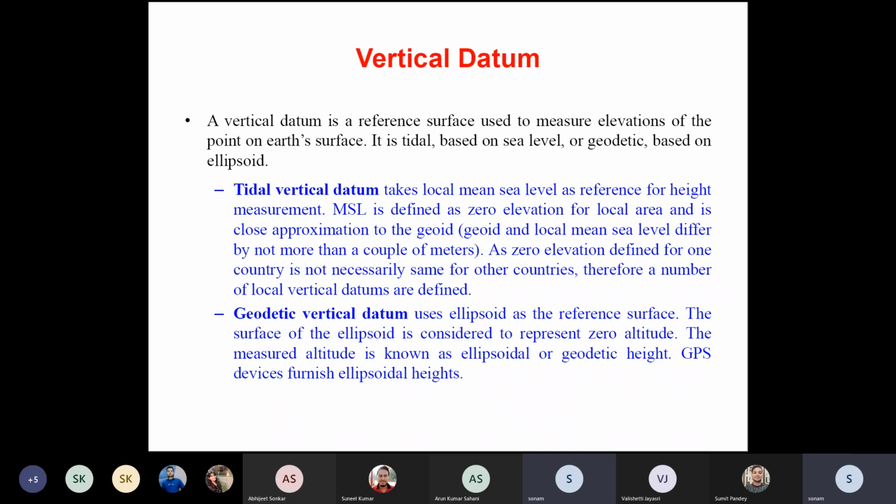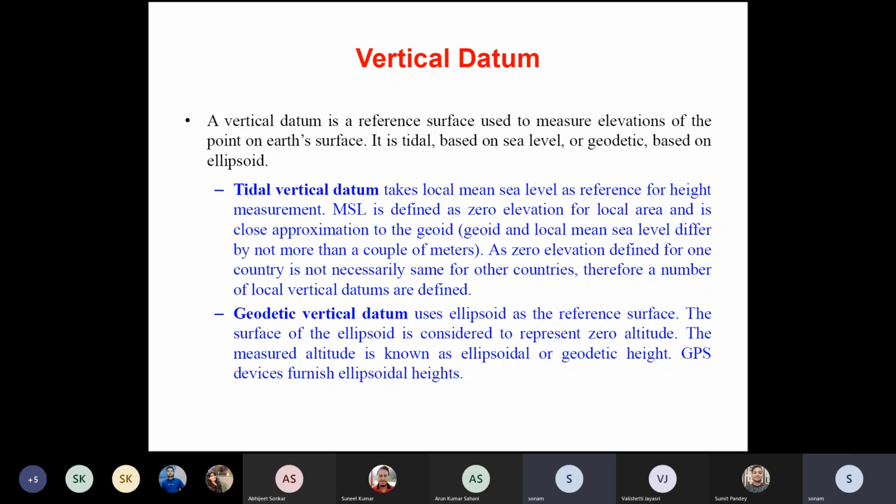We have already collected some knowledge with the help of height measurement, geodetic height and orthometric height, so this is somewhat a repetition of that information. I'm just reading it out: a vertical datum is a reference surface used to measure the elevation of a point on Earth's surface. It is tidal, based on sea level, or geodetic, based on the ellipsoid.